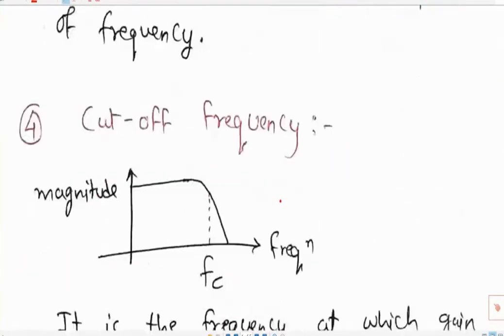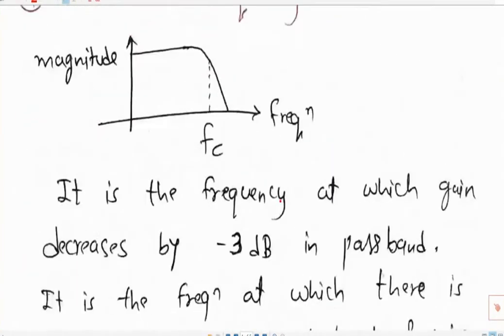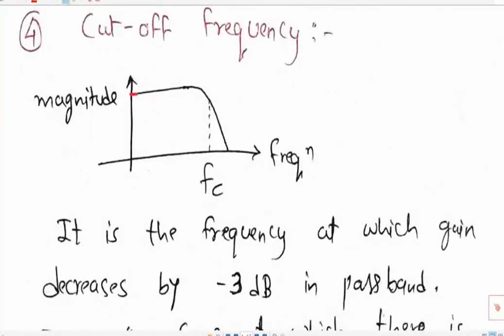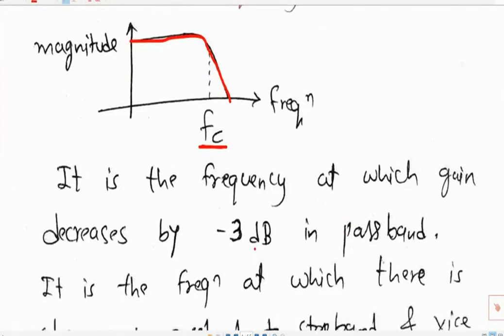Then fourth is the cutoff frequency. Whenever we go from pass band to stop band, we have one frequency that is the cutoff frequency. The definition is the frequency at which the gain decreases by minus 3 dB. Suppose the gain is x; when we come down to minus 3 dB, that is the cutoff frequency.